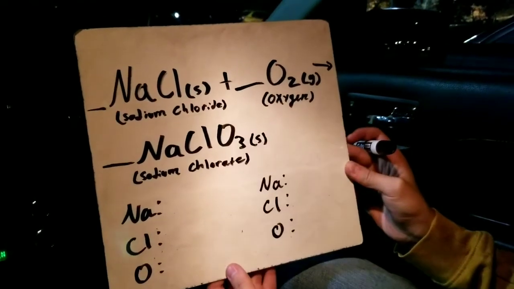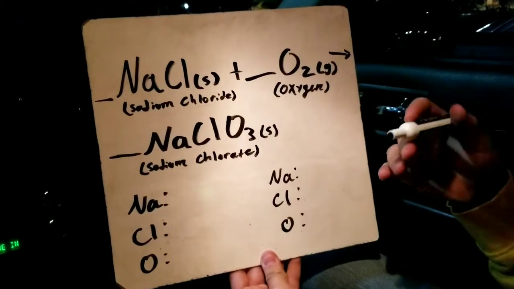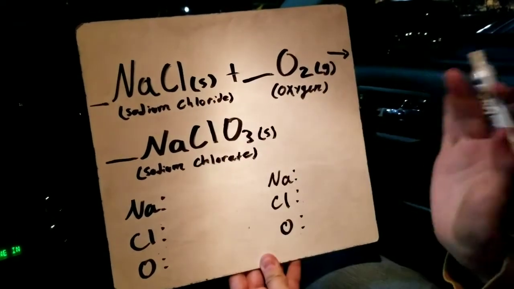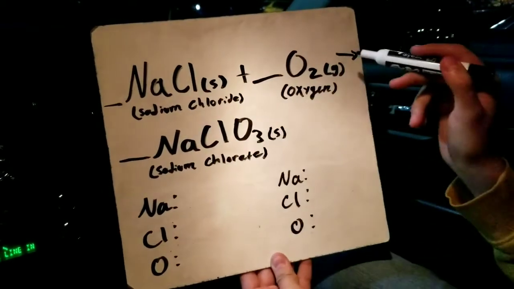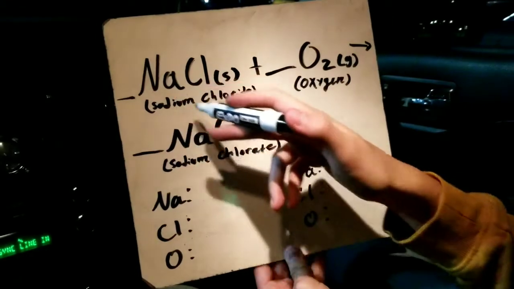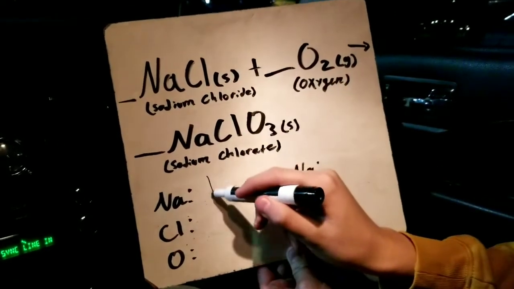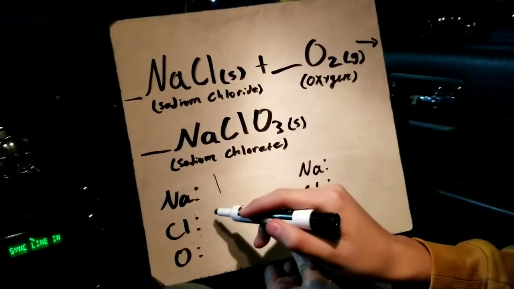Alright, so now that we're going to be balancing this equation, just quick advice, be patient, remain calm, because it is a lot of steps. But the first step is realizing how many atoms are in each compound. So for the sodium in sodium chloride, there's 1. The chlorine in sodium chloride is 1.